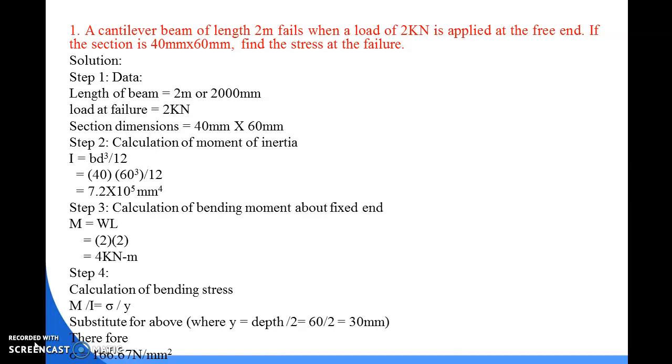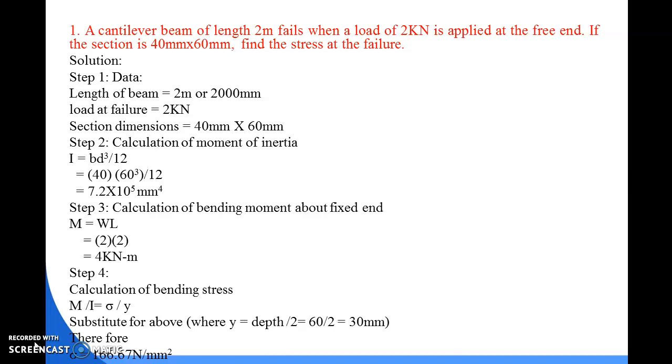So B value will be 40 and D value is 60, so 40 into 60 cube divided by 12. By calculating this, we will get the moment of inertia as 7.2 into 10 to the power 5 mm to the power 4.